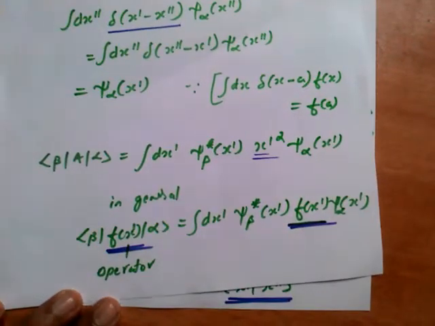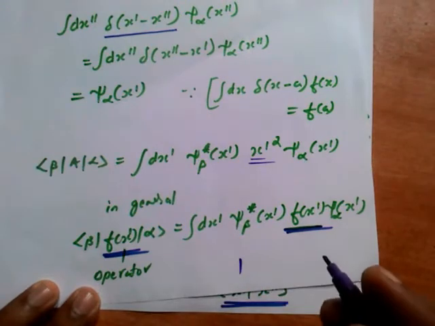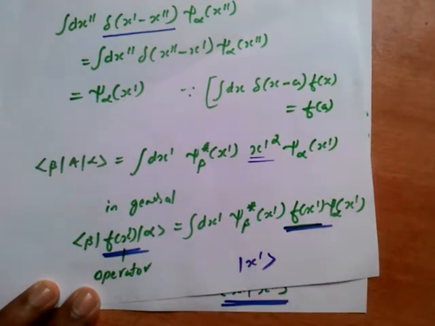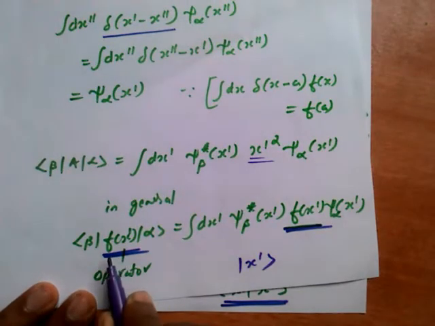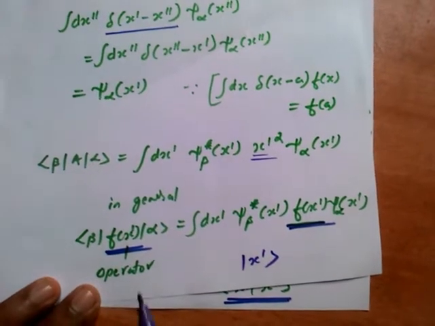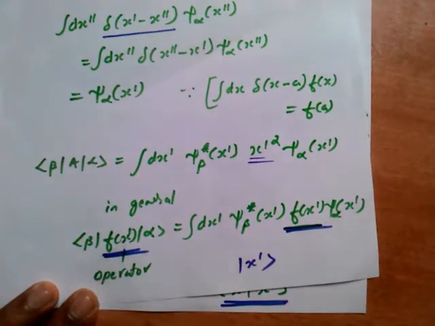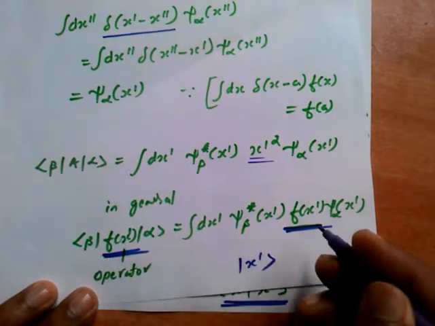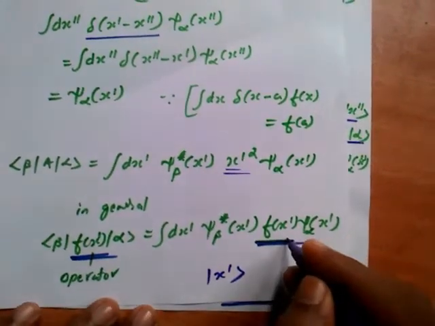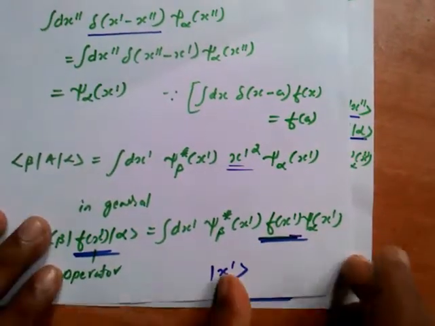So we are defining in the position basis, in the basis of x dash, how we can write a position operator. If the position operator is a function of x dash, we can write that function of x dash itself in this integral format.